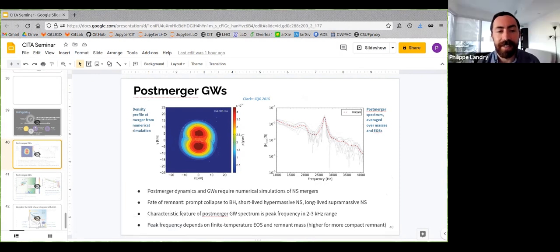So the post-merger phase is more complicated. In the frequency spectrum for the post-merger, you have a dominant peak that you expect from just the quadrupole oscillation of the remnant. That occurs in the kilohertz frequency range, a few kilohertz. It's dependent on the hot equation of state of the remnant. So that's going to be correlated with the cold equation of state, but there are temperature corrections that come in.